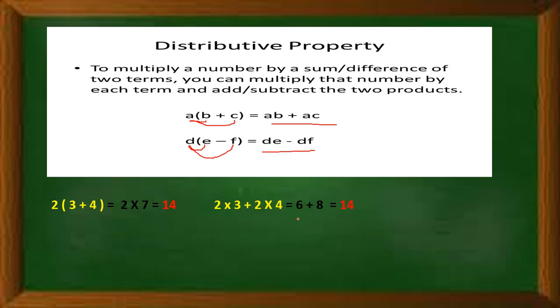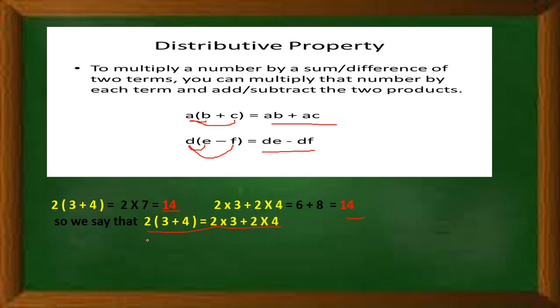In this case we get 6 plus 8, which is 14. So we get the same answer, 14. So 2 into 3 plus 4 is nothing but 2 into 3 plus 2 into 4. The same follows with the minus sign also.